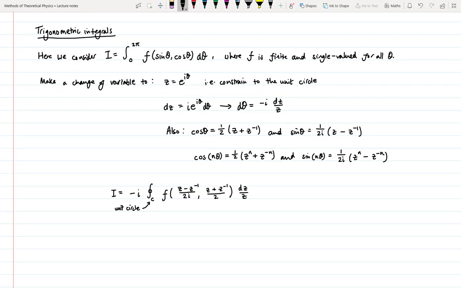Now we can use our tricks from complex analysis. We can spot that by the residue theorem, we're going to have that I is this first factor of minus i, and then we have, from the residue theorem, 2 pi i times the sum of the residues at the singularities of f divided by z, and it's all of the singularities enclosed by the unit circle.